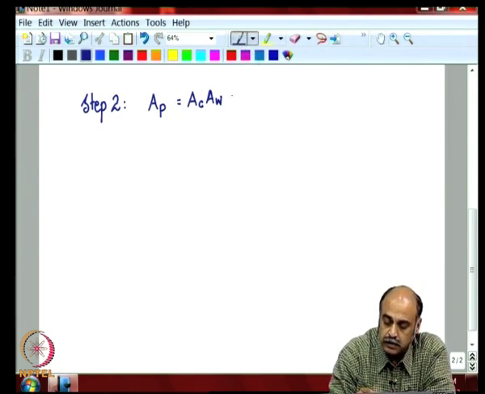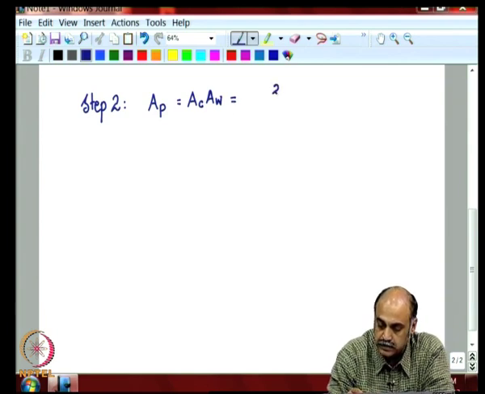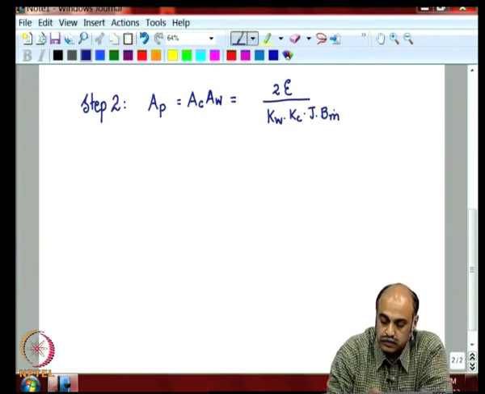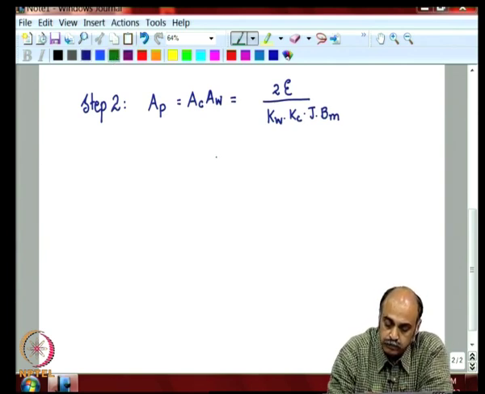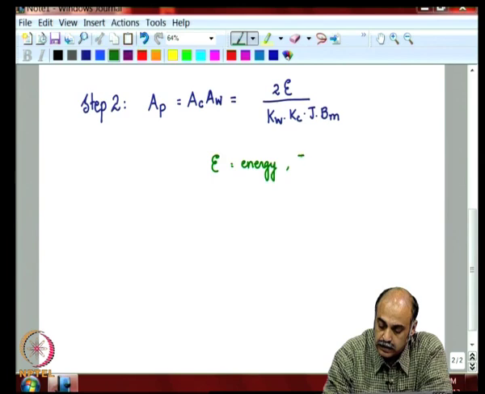And again, as we discussed in the last class, for the inductor design, this is given as 2 times the energy in joules divided by Kw, Kc, J, Bm. So, here you have E, which is the energy that the inductor needs to store, in joules.